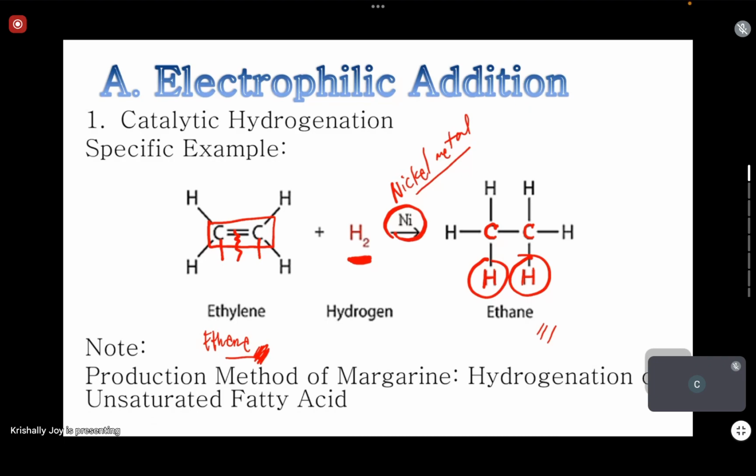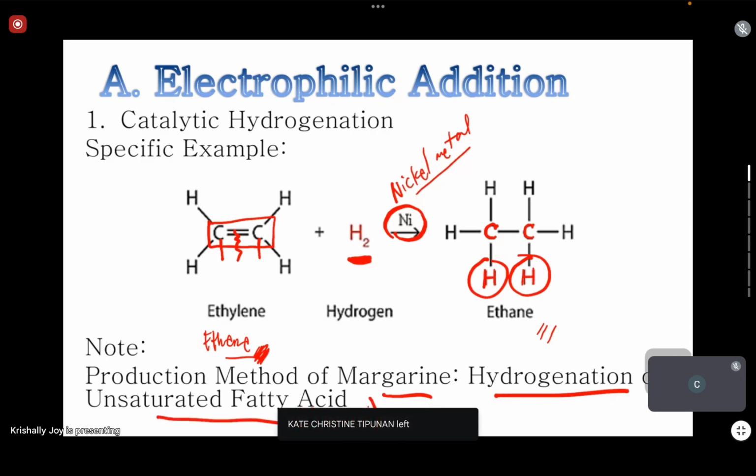Now, this type of chemical reaction is the same reaction that is used in the production of margarine. Kasi ang process para makapag-manufacture ng margarine is also via hydrogenation. They are in liquid form pa kapag unsaturated kasi ang fats, liquid pa siya.